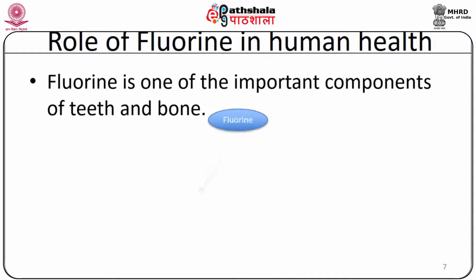Therefore, if there is a deficiency of fluoride, it will lead to dental caries, that is decay of teeth, and if there is excess, it leads to a condition known as fluorosis. So it is dangerous in both ways. It is called a double-edged sword. It means that less is also dangerous and excess is also harmful.